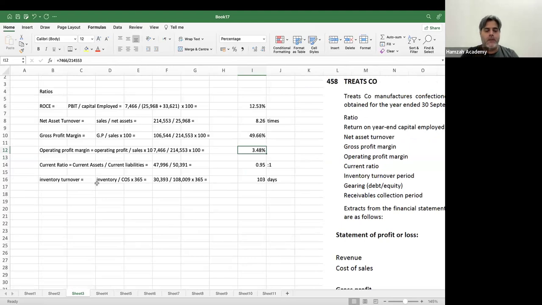Okay, so after the inventory turnover in days, we now have the gearing, the debt over equity ratio.